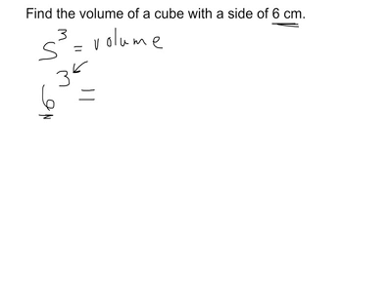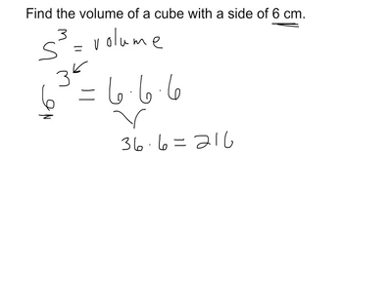The exponent tells you how many times to use the base as a factor. So 6 cubed would be 6 times 6 times 6. 6 times 6 is 36, times another 6 would be 216. And since we're talking about volume, it would be in cubic units, in this case cubic centimeters. So you can see that you'll use exponents when finding area and also when finding volume.